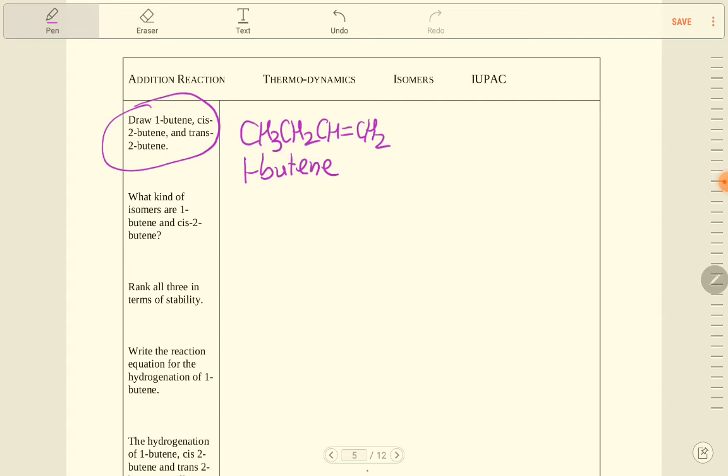Then we have cis-2-butene. This is a cis position, both CH3 on the same side. So this is cis-2-butene. Okay, and then trans.